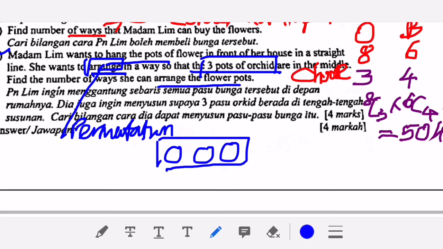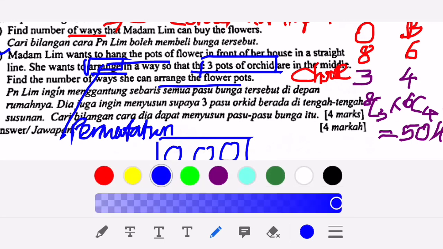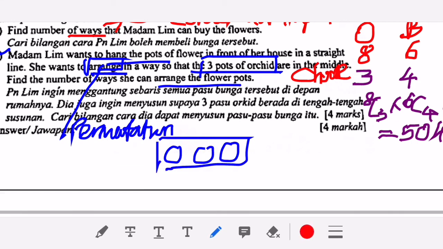You have to use a permutation because the question is asking to arrange in order. The number of ways to arrange 3 objects is 3P3, right?